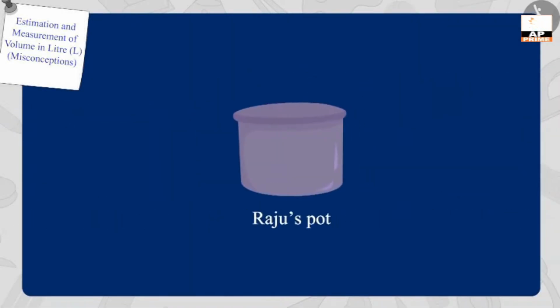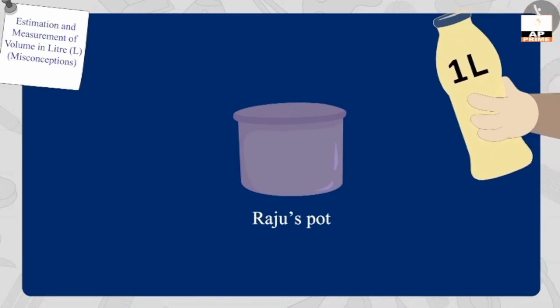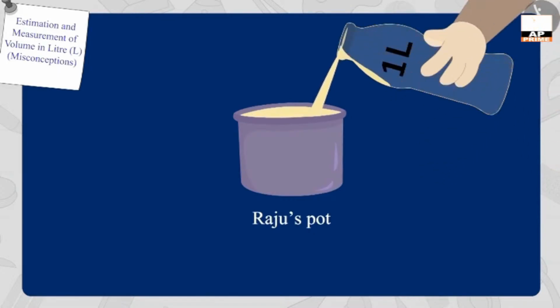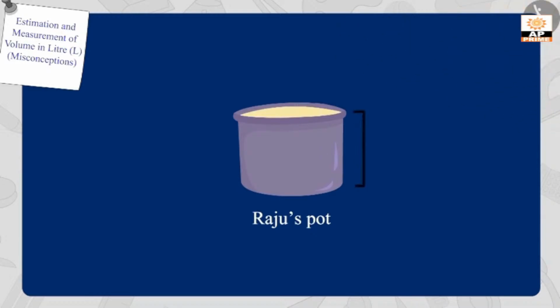Now, Bhola poured oil in Raju's pot by filling his 1 liter bottle. Raju's pot was completely filled. Children, can you tell what is the capacity of Raju's pot? Yes, Raju's pot has a capacity of 1 liter.